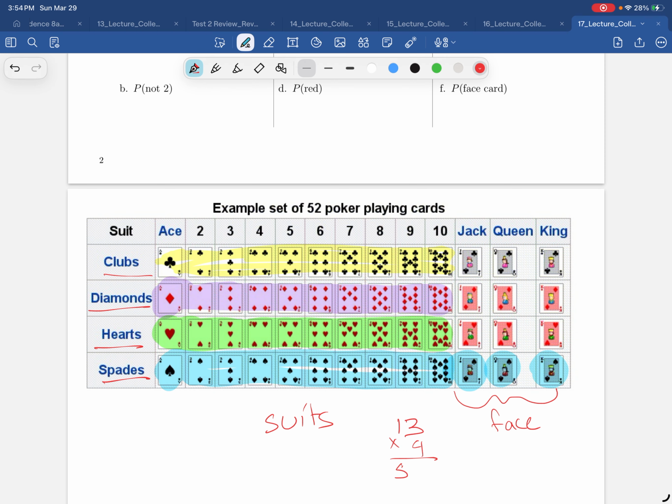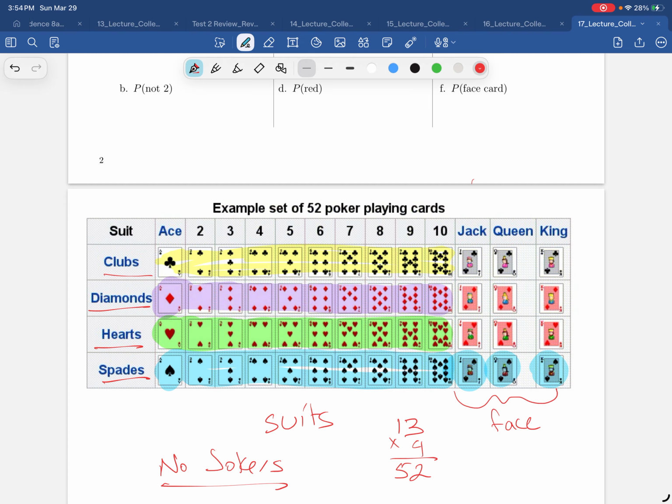I also want to point out that there are no jokers. This is a thing that people will often ask me. In a standard deck of 52 cards, there are no jokers. All of the J's are jacks. We have 4 jacks, 4 queens, 4 kings, 4 tens, 4 nines, 4 eights, and so on.